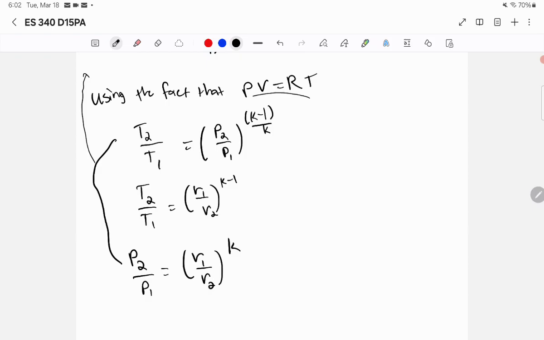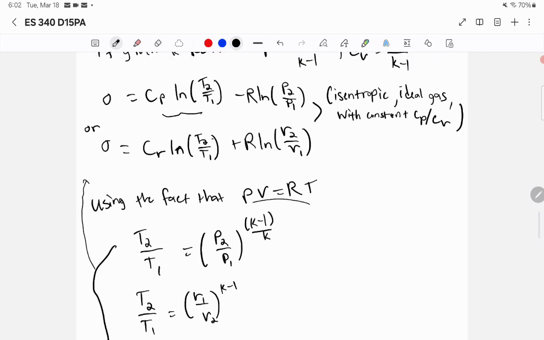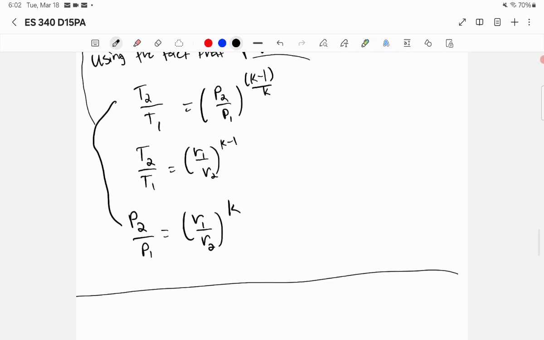You can use these relationships to help you find, say, the new temperature, the new pressure, new volume, what have you, by following through here. It's simple algebra, but it might be multiple steps, depending on the case you're trying to derive.